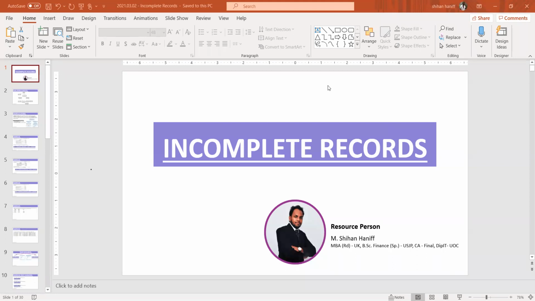Incomplete records means not keeping proper records. There are small scale businesses, and most of the time, they don't keep a proper set of books.